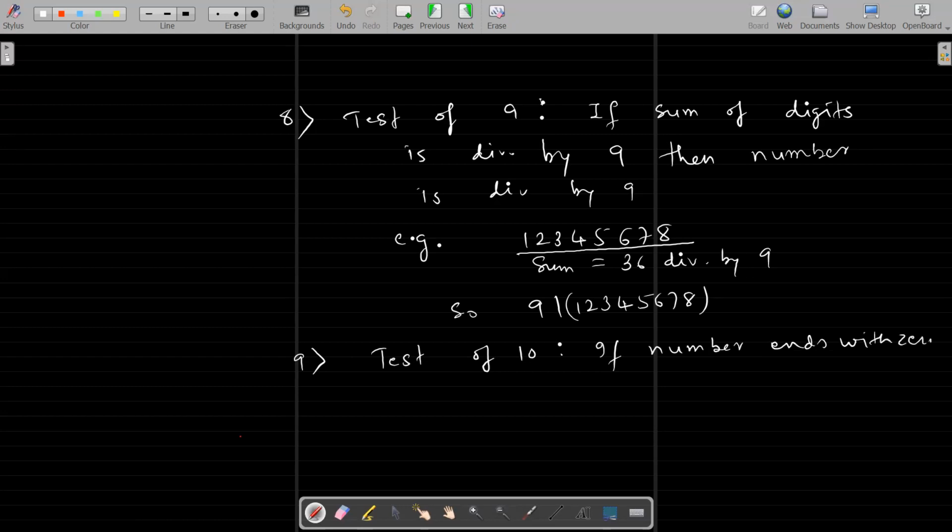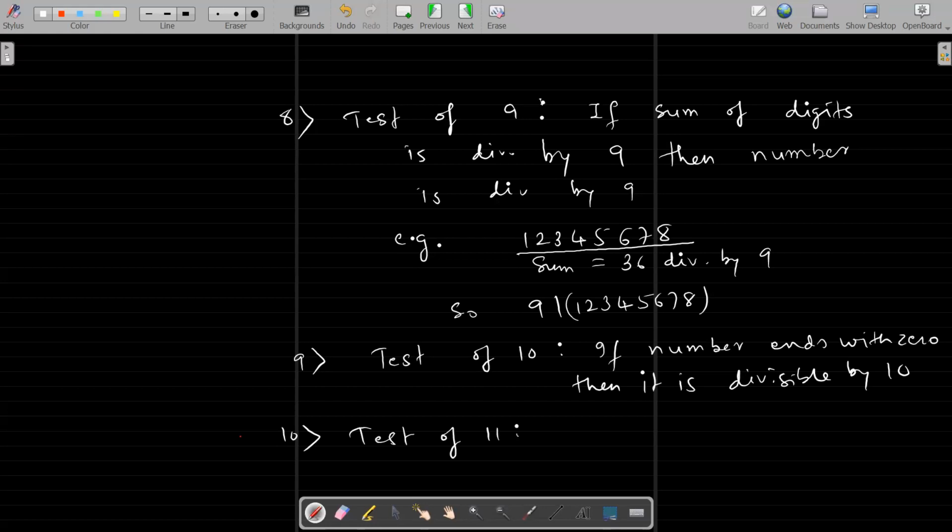Can I say the test of divisibility of 11? Yeah, and that will be our last test, because after 11 we won't work. Then we'll shift to the problem section. Somebody was saying the test of 11. Yes, sir.